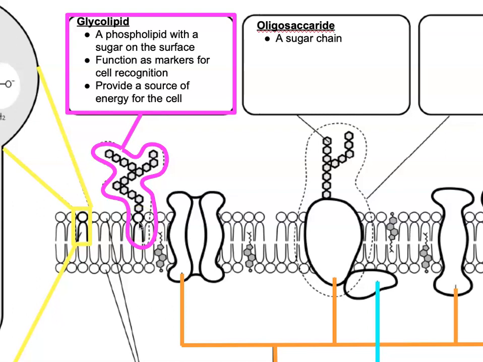When attached to a phospholipid, they are referred to as a glycolipid. This is a phospholipid that contains a sugar chain on its surface. Glycolipids function as markers for cell recognition. For example, antigens that determine the ABO blood group. Glycolipids also provide a source of energy to the cell.